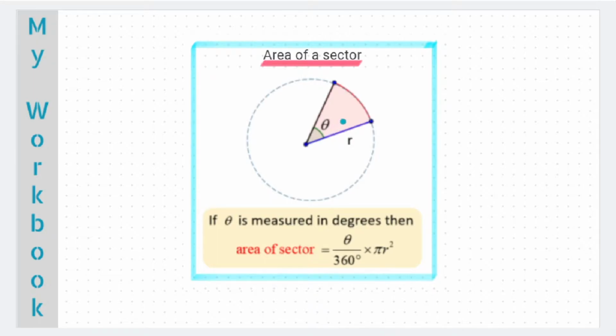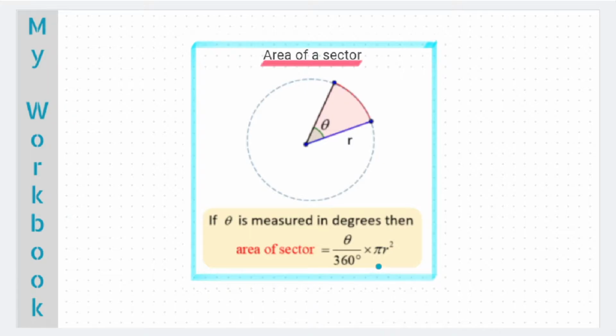One is the minor sector, which is indicated by the pink colored region, and the remaining portion of the circle, which is white in color, is the major sector. So what is the area of this pink portion, that is minor sector? Area of the minor sector is given as theta by 360 into pi r square.